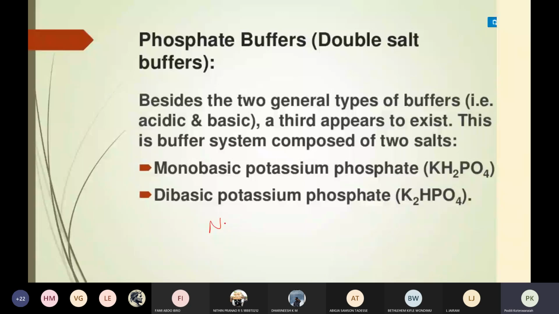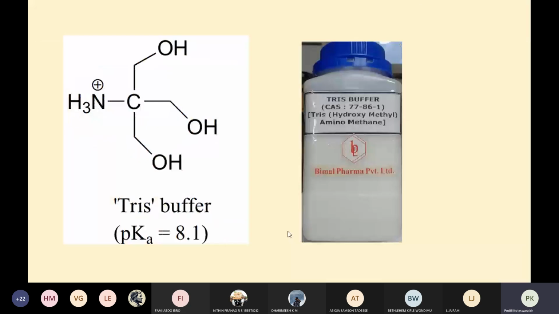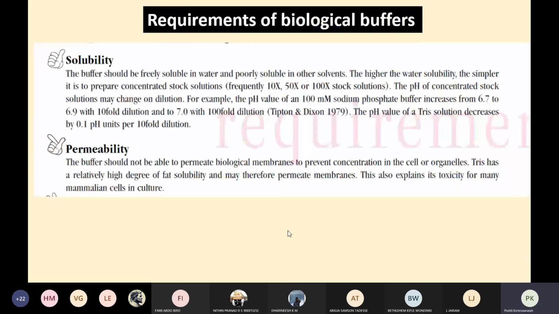This phosphate buffer is composed of NaH2PO4 and Na2HPO4, monosodium dihydrogen phosphate and disodium monohydrogen phosphate. These two salts are used to prepare this phosphate buffer. And we will explain the mechanism of some buffers later.